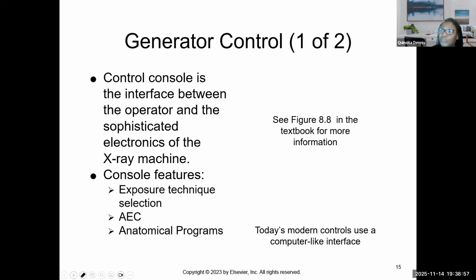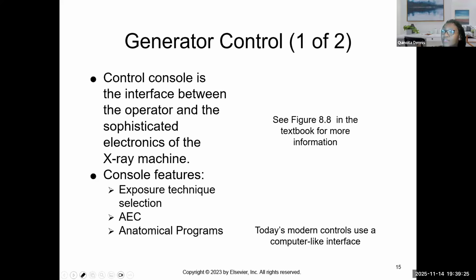We have the option to use the automatic exposure control, which is a piece of automation that assists us with the timing piece. We do have to have an mA station that's appropriate, but the AEC actually trips the timer and stops the exposure when its detectors tell the system that it's received enough exit radiation from the patient.